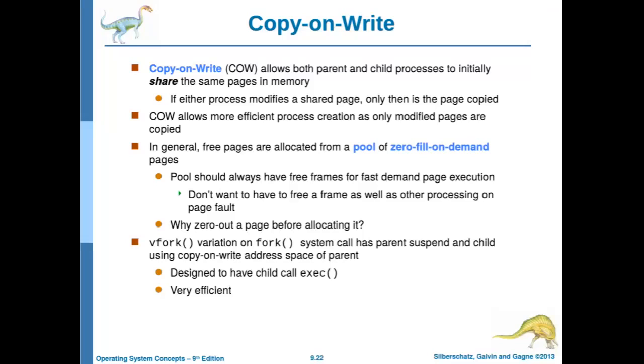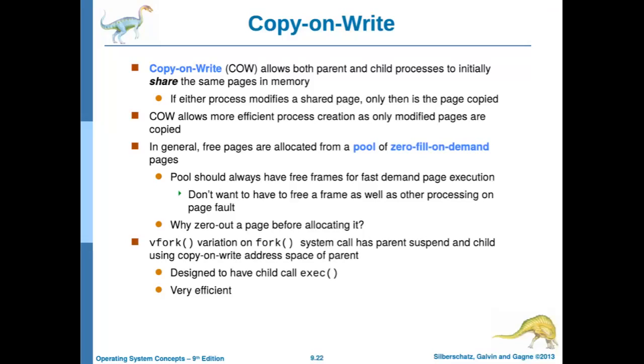Write refers to modification. So if any process makes a modification, then a new copy of that frame will be created. So this is a really very efficient method of process creation, as only modified pages are copied, and because we are sharing the same pages, this results in very fast creation of a child process.